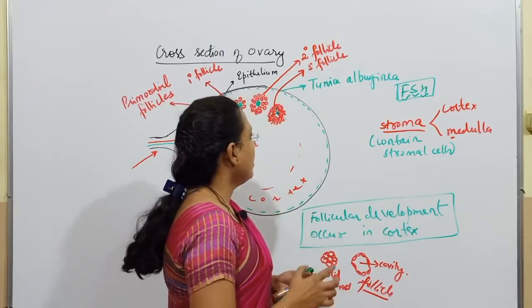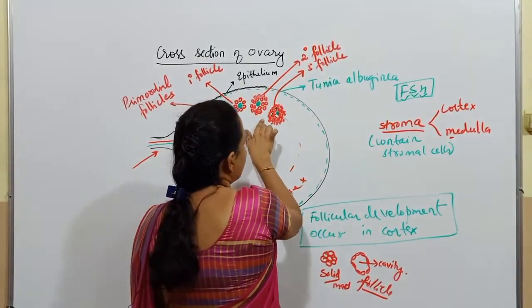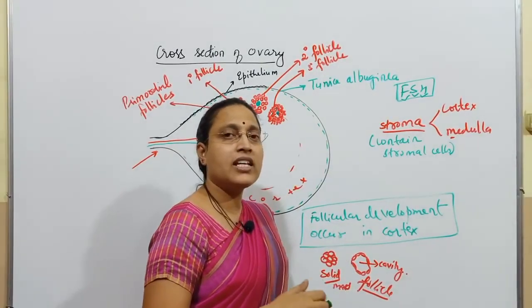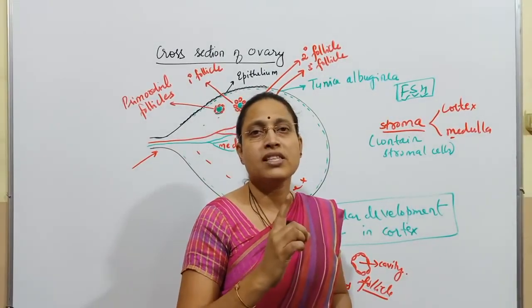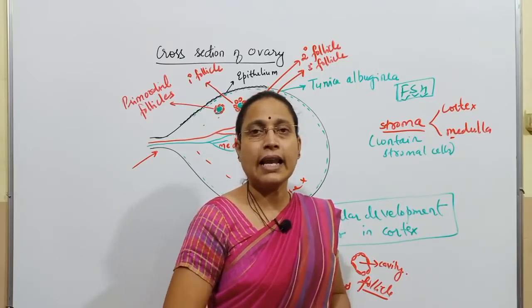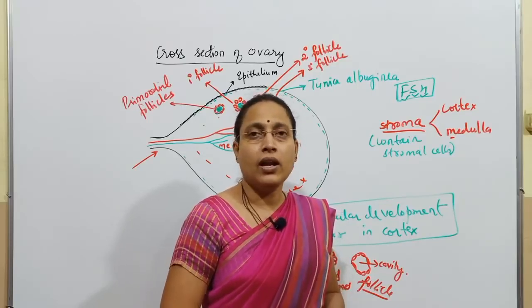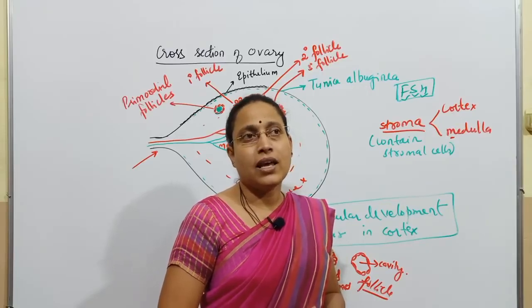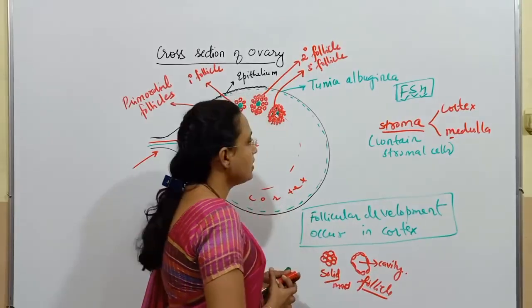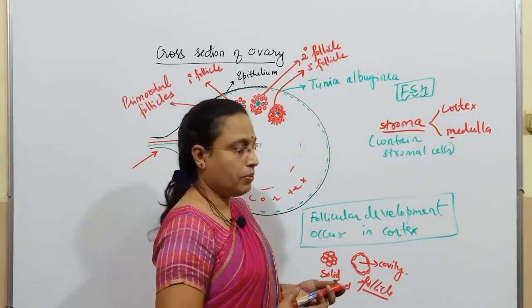And as the Graafian follicle is formed, the oocyte will start undergoing meiosis 1. However, you will study this oogenesis in detail later. So meiosis 1, when it occurs, gets arrested in prophase, that is the diplotene stage of prophase.